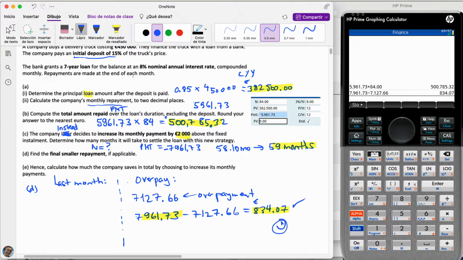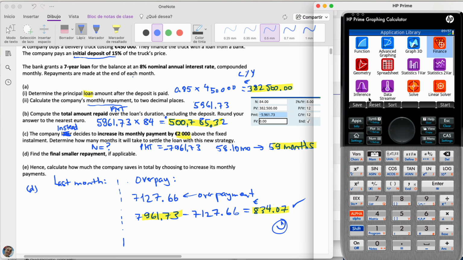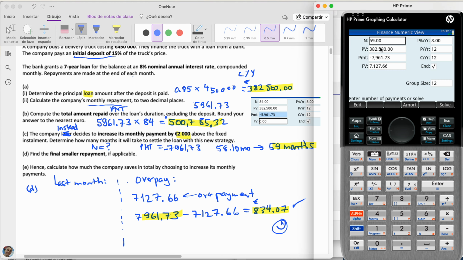Okay, let's do it now the other way. So remember, the other way is to figure out what's going on with the last payment. It's just the last payment. Your present value then is going to be, what's our present value? Okay, we're going to get to 0. We're not going to make any payment. And we are going to get to 0.